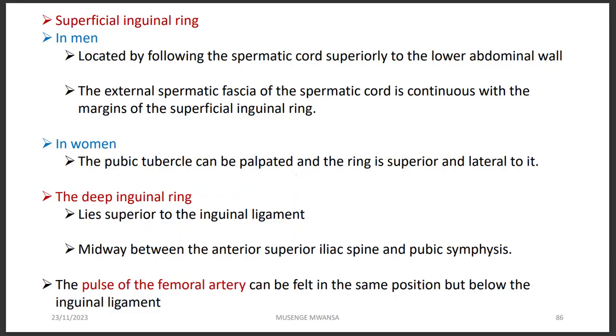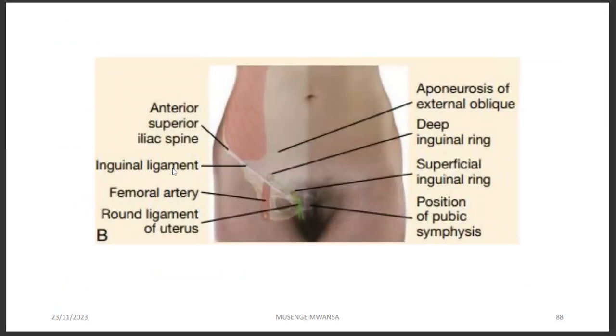And then in women, to tell where the superficial inguinal ring is, it can be palpated, and the ring is superior and lateral to the pubic tubercle, which can also be palpated. So the pubic tubercle is going to be here, just before the pubic symphysis.